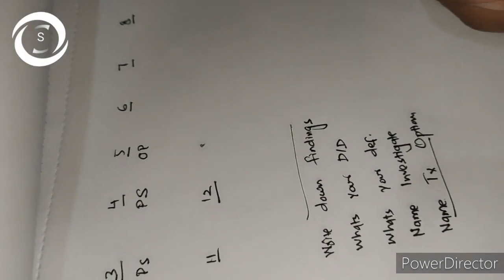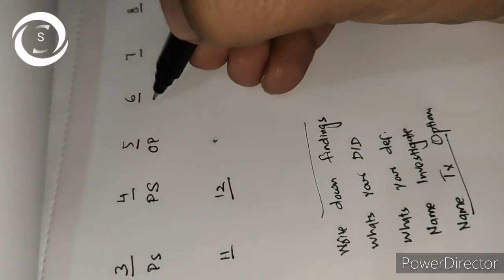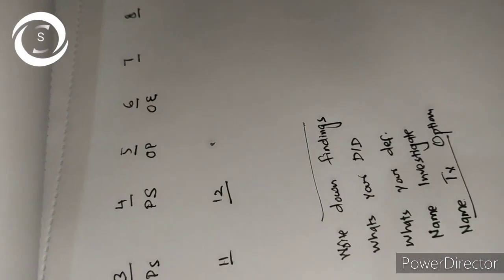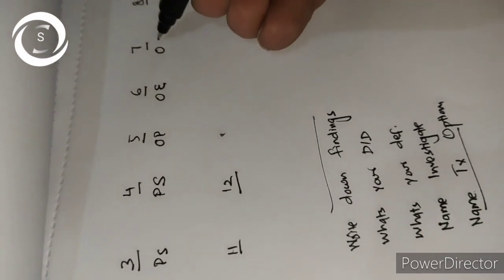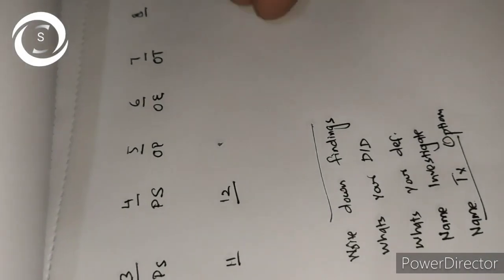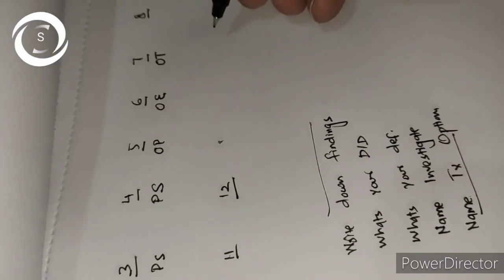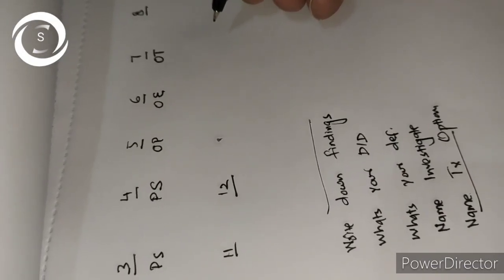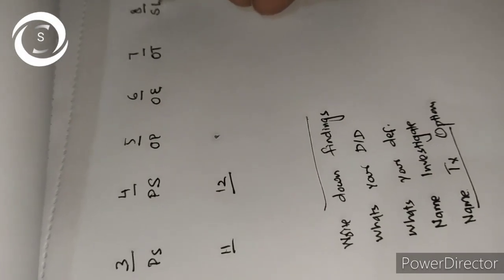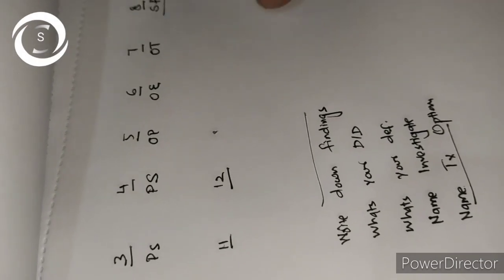You will have one ocular examination. You will have one OT instrument. You will have one of squint, ptosis, or proptosis.